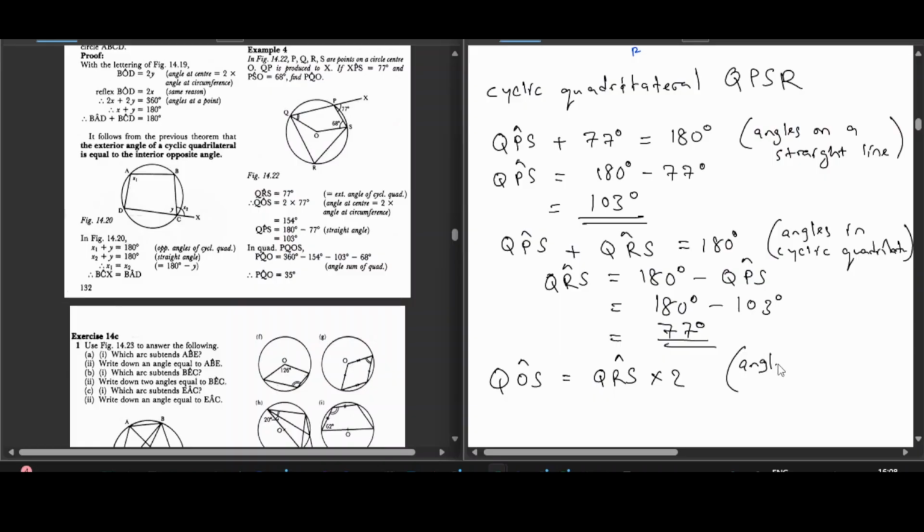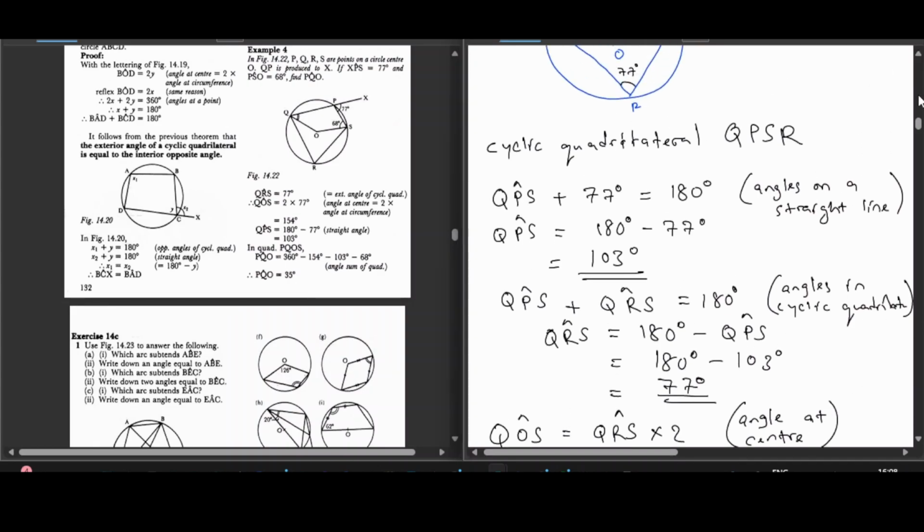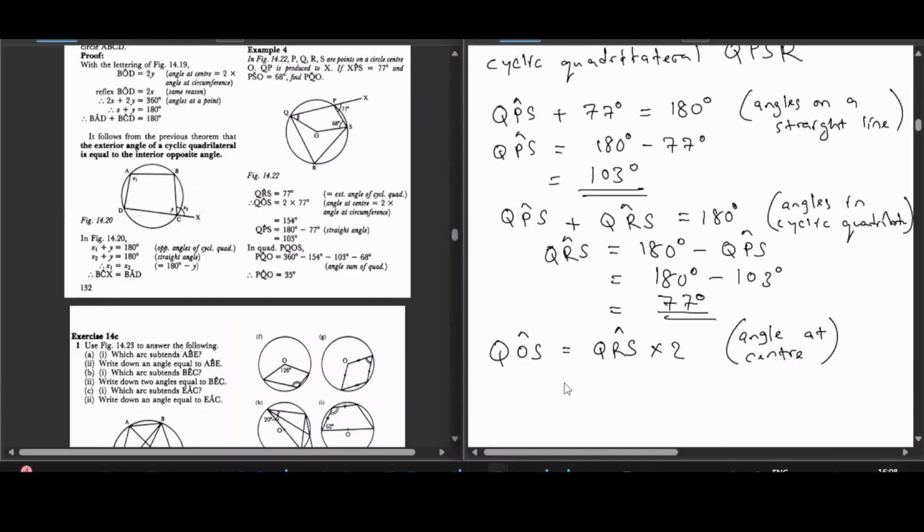Angle at center is equal to 2 times angle at circumference, but I can just say angle at center. So what is QRS? That's 77. So this is equal to 77 times 2. What is 77 degrees times 2? 154 degrees.